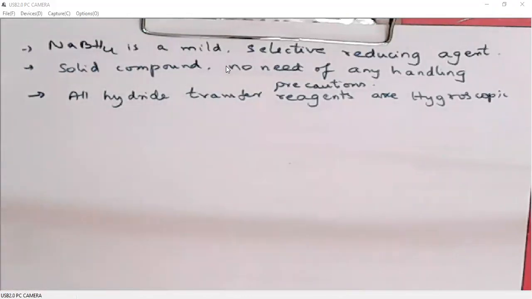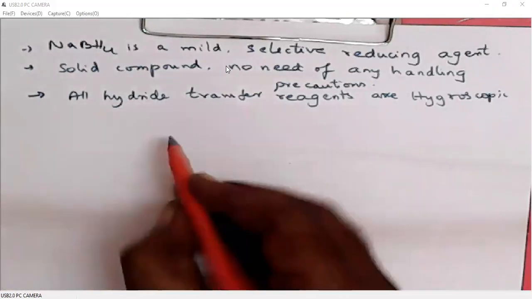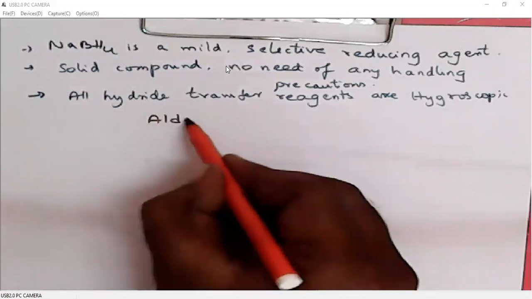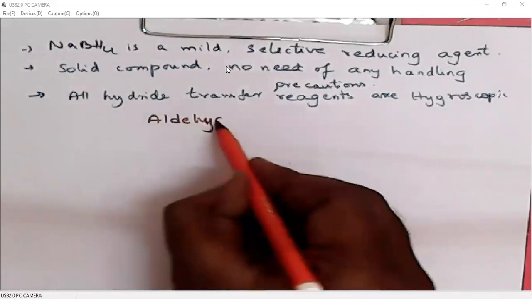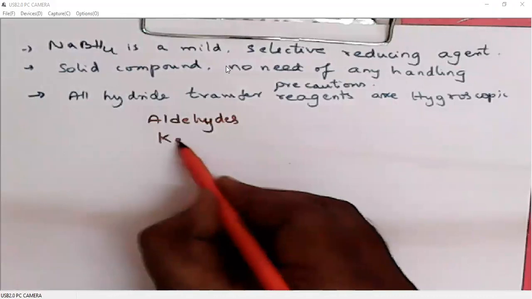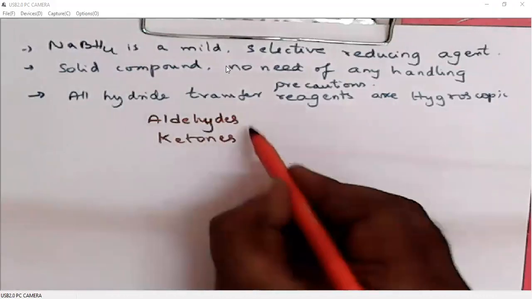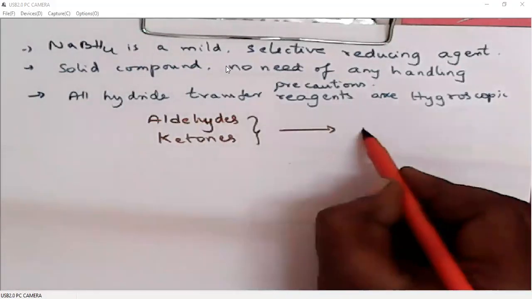So the selectivity in sodium borohydride reductions is that it can only reduce aldehydes and ketones to the corresponding alcohol.